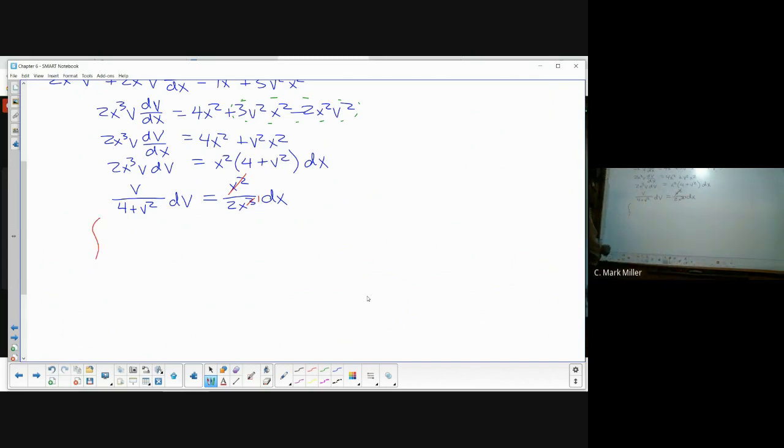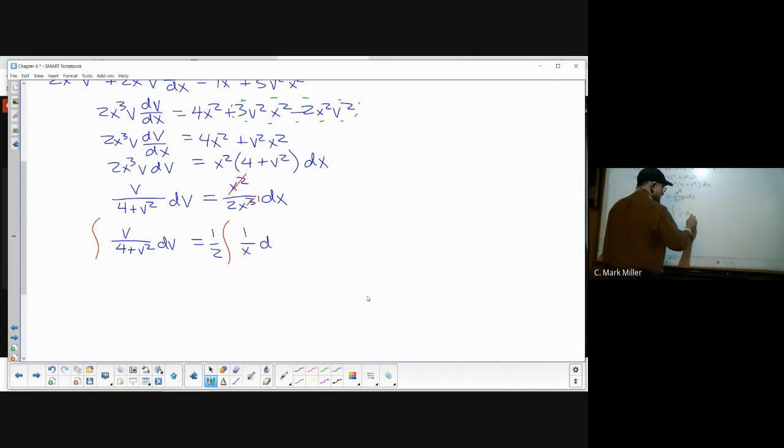an integral on one side, an integral on the other side. This side is v over 4 plus v squared dv equals. There's a 2 in the bottom, so I'm going to put a 1/2 out here. And I cancel the x squared, so I have 1 over x dx.